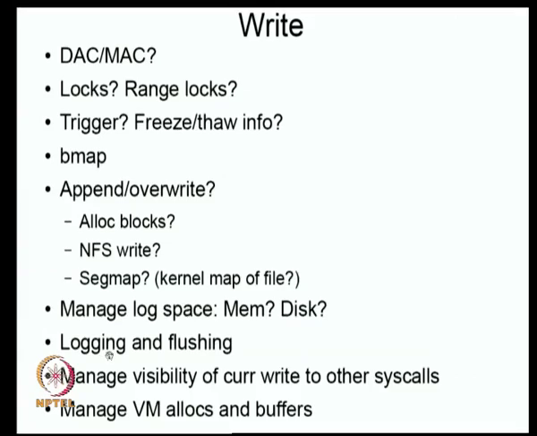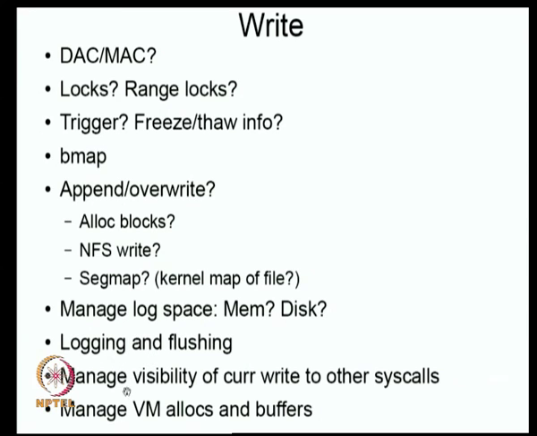That means there has to be some minimal information that I keep here. In some sense it has to be some kind of checkpointable information, so at every point you have to keep doing this. And so you have to manage the log space, do the logging, do the flushing, all those things. First of all, manage the space, ensure that everything is okay, then start doing the logging and flushing.